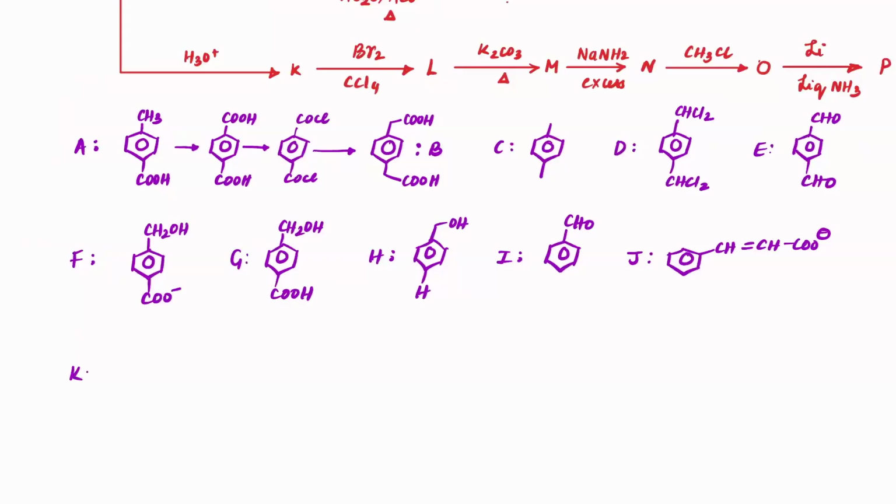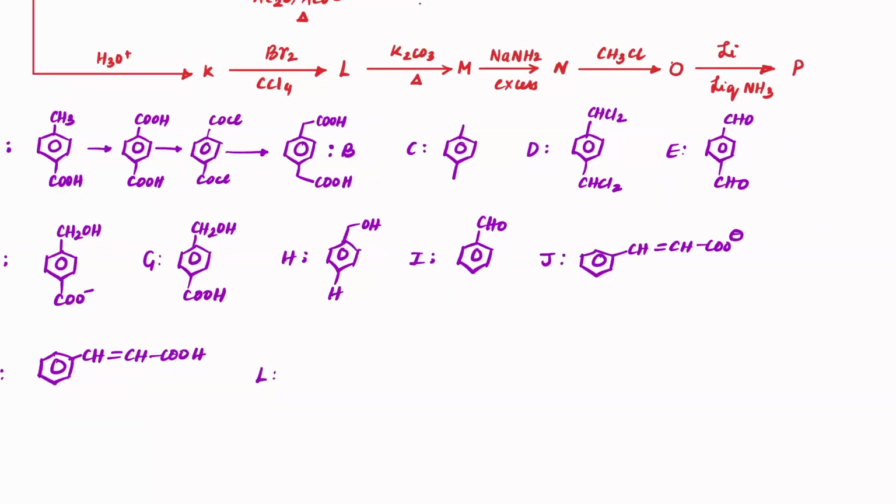Perkin reaction will make it Ph CH double bond CH COO minus. And K, that is after hydrolysis, we shall get this as CH double bond CH COOH. L is bromination on double bond. So we'll get this as CHBr, CHBr and COOH.